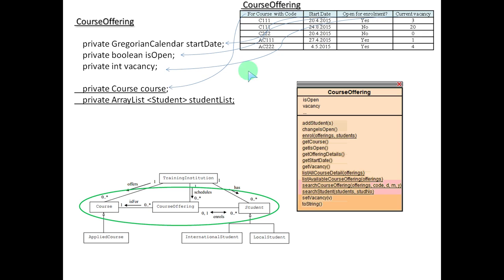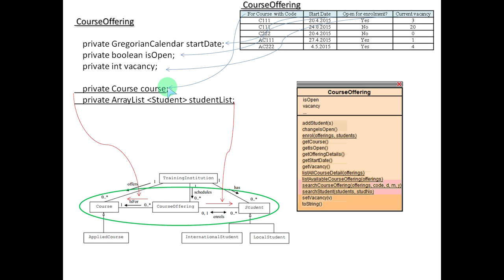For the course, it actually is through the association here, because the course can be accessed from course offering, so you need to declare a course type attribute here. And because the course has the course code, it will be part of the information represented here.